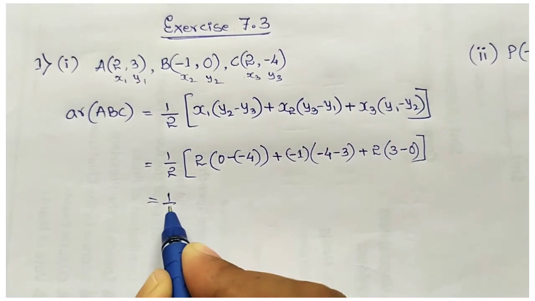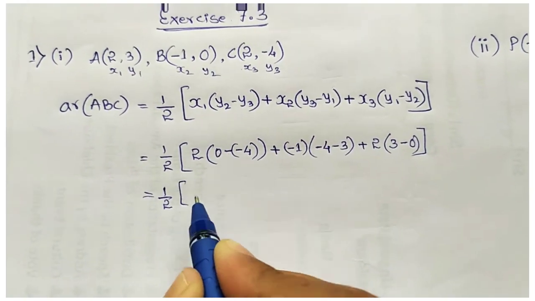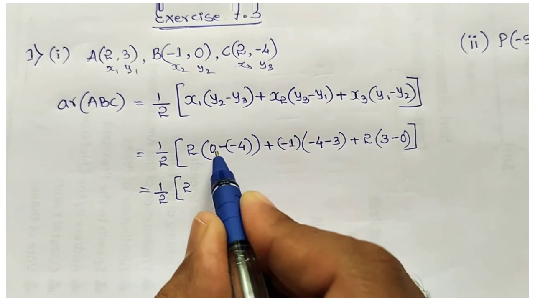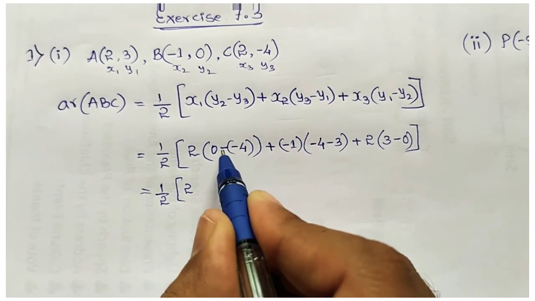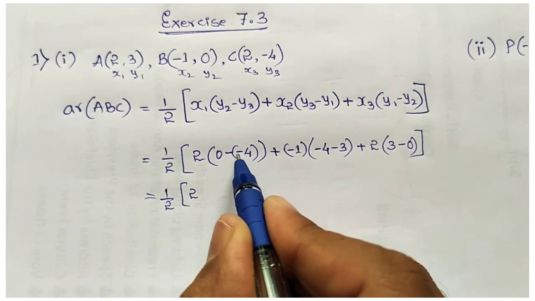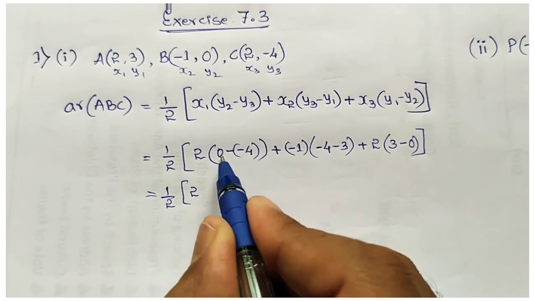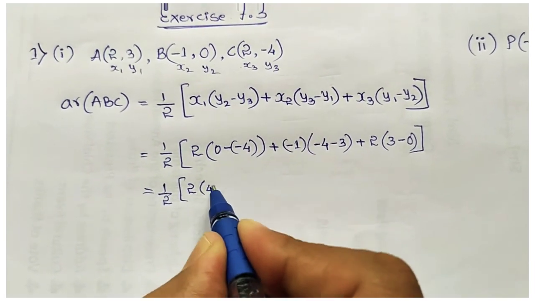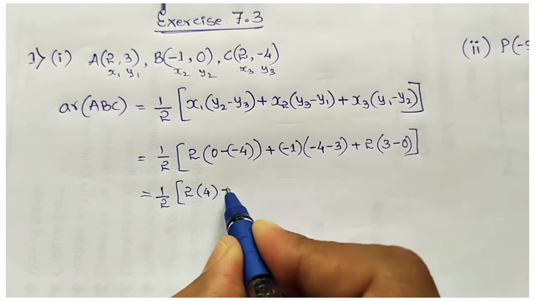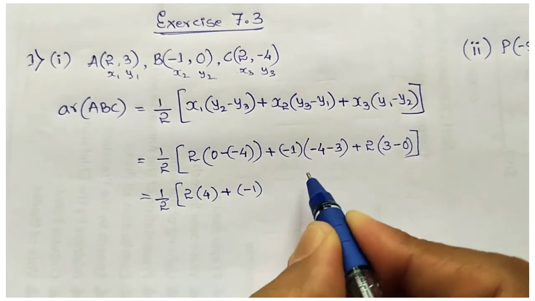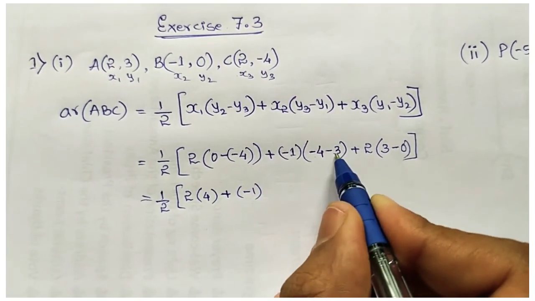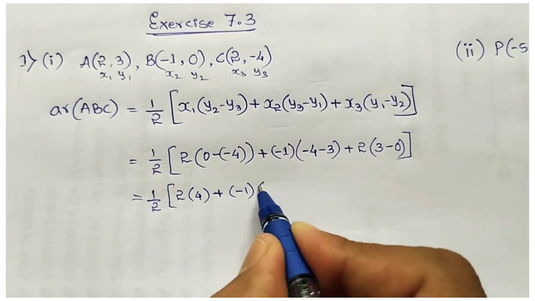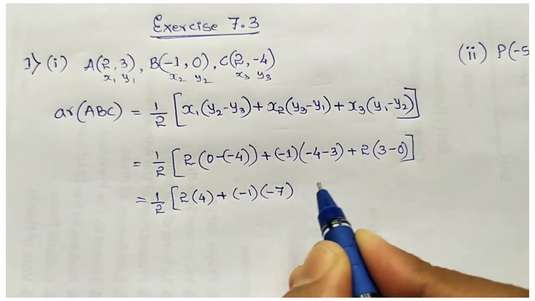Now open the bracket. 2 into (0 minus of minus 4), minus into minus will be plus 4, plus 0, we again get 4 only, plus minus 1 into (minus 4 minus 3), so it will be minus 7.